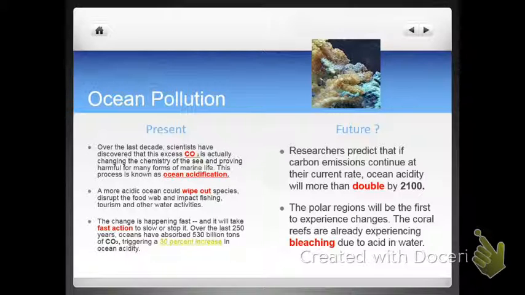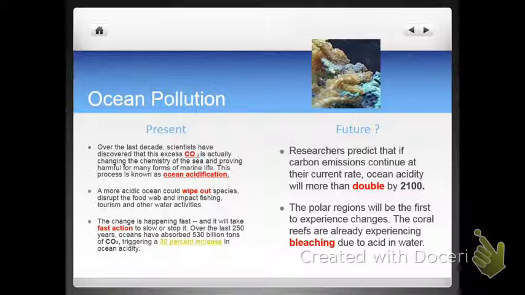It's happening pretty fast. Over the last 250 years, the oceans have absorbed 530 billion tons of carbon dioxide, and that is a 20% increase in how acidic the ocean is right now. Researchers predict that if we continue to put carbon dioxide into the atmosphere at the rate we're doing, the acidity of the ocean will double by 2100, which is not that far away.